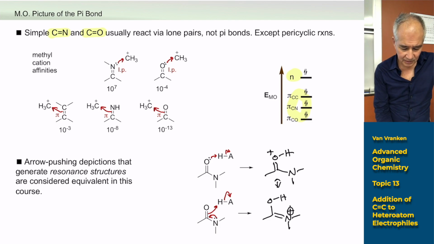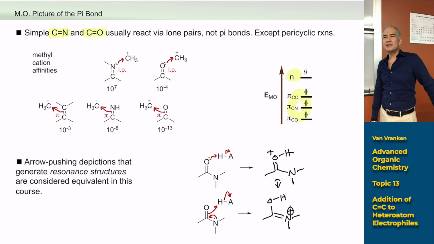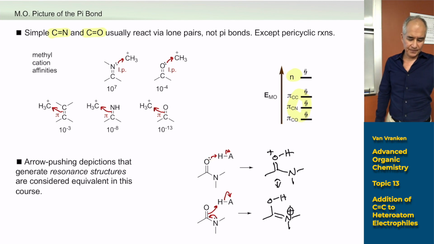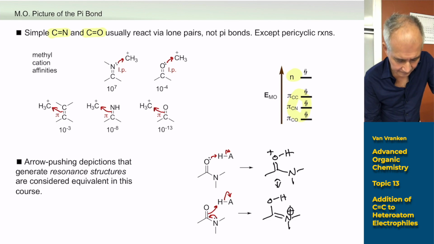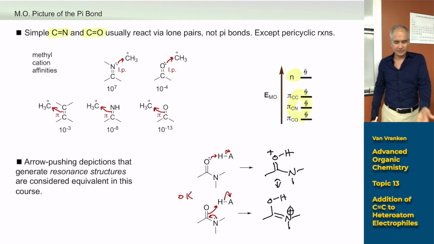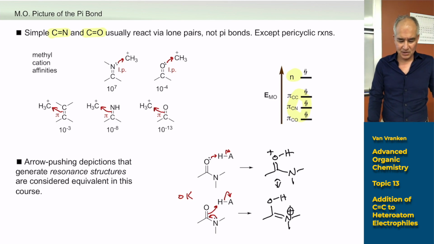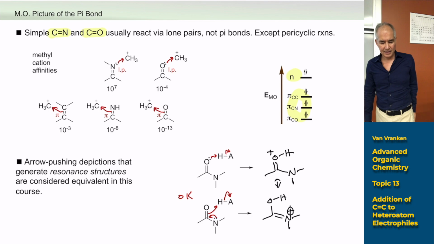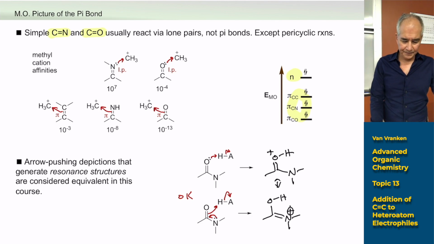But if you want to protonate the lone pairs every single time, whether it's a ketone, aldehyde, amide, or ester, that's good too. That's good for this class. So both of these are okay, and they both lead to a resonance structure, a different resonance depiction of the same thing. So both of these depictions are okay.